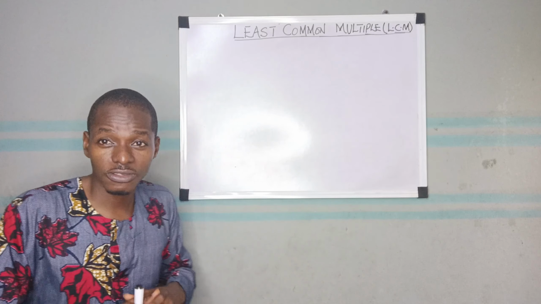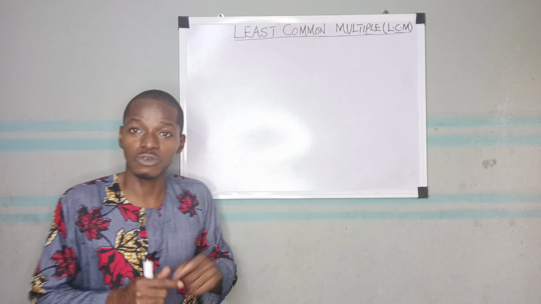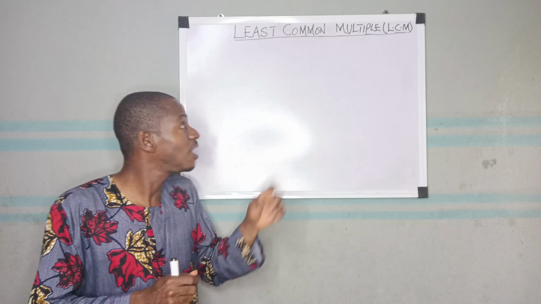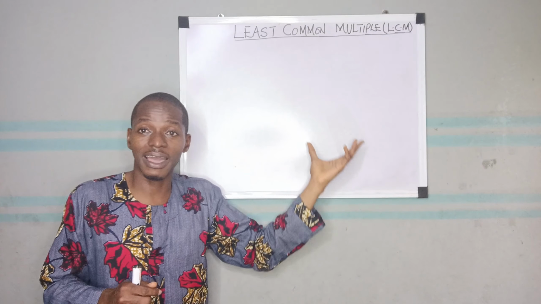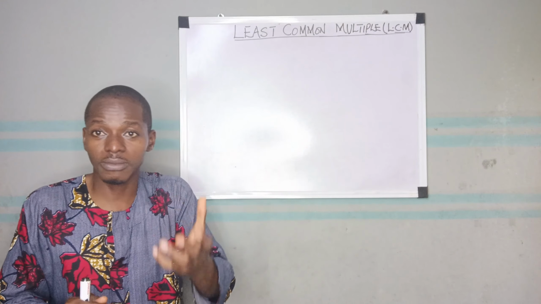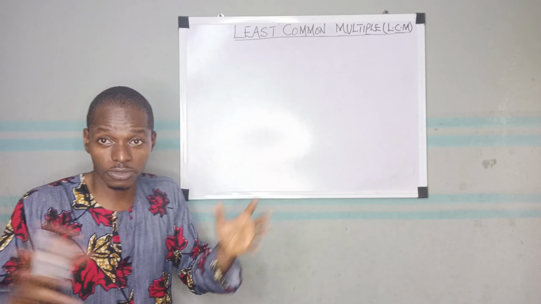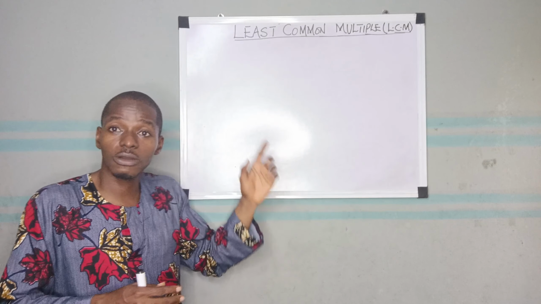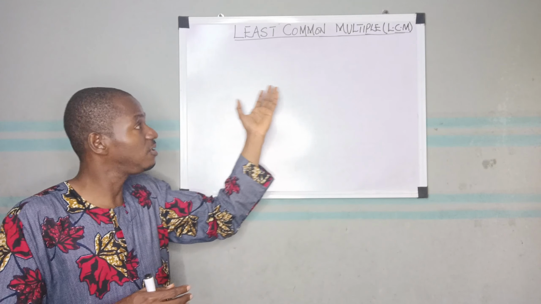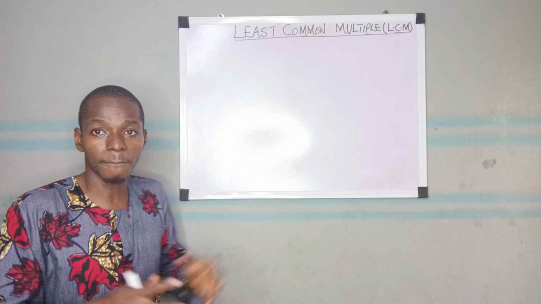You can check out our series on prime factorization to know how to carry out prime factorization. And the third one is by using the division method. You divide by prime numbers. We'll look at all three methods, but today we are going to concentrate on listing the multiples.